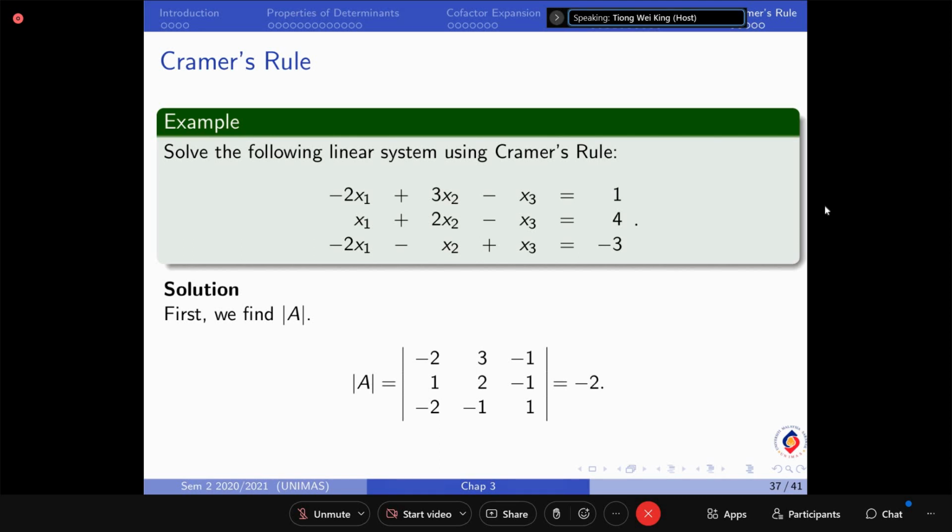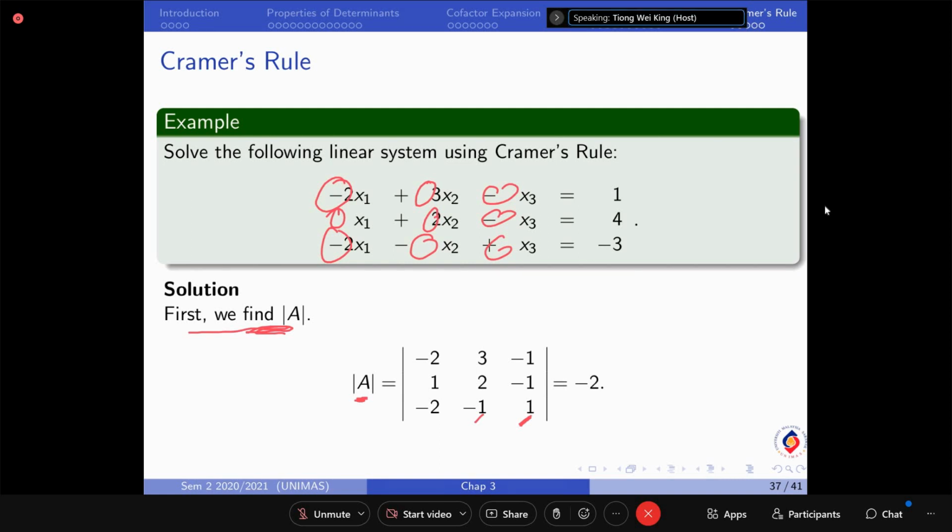Now solve the following linear system using Cramer's rule. First you find the determinant of A. Remember A is the coefficient matrix. So -2, -2, 1, then 3, 2, -1, then -1, -1, +1. So you have this, then find the determinant. For Cramer's rule with a 3 by 3 matrix, it's up to you whether you want to use the cofactor expansion to find the determinant, or the one that I mentioned in the introduction part.